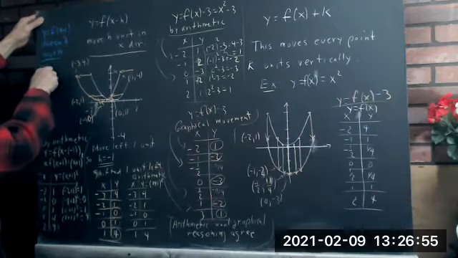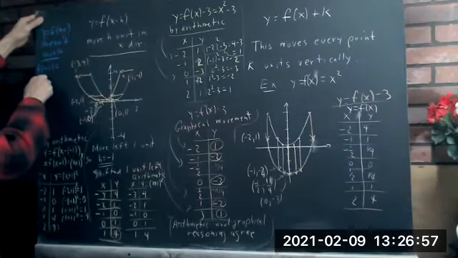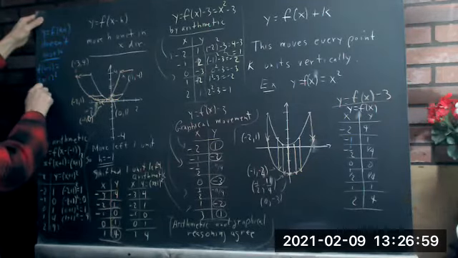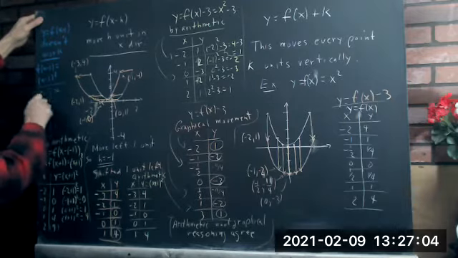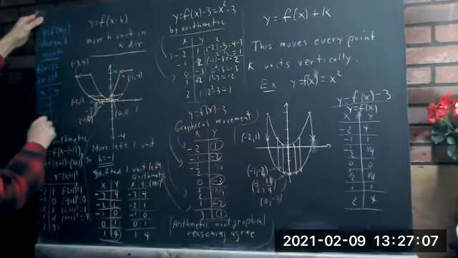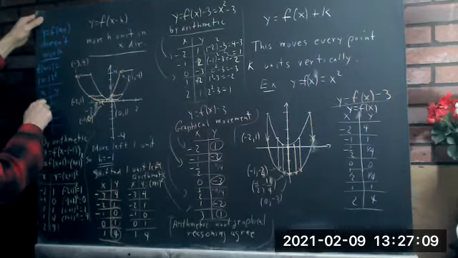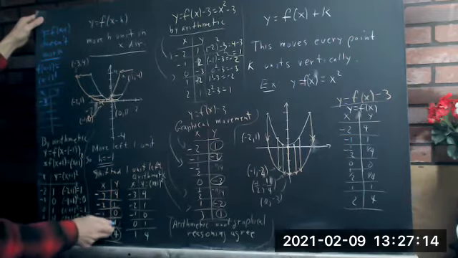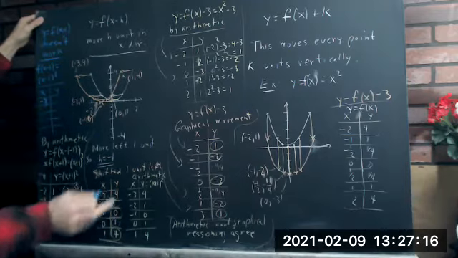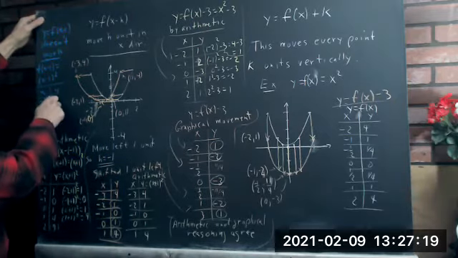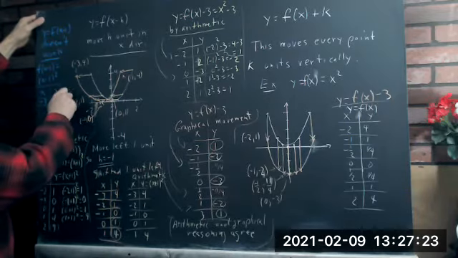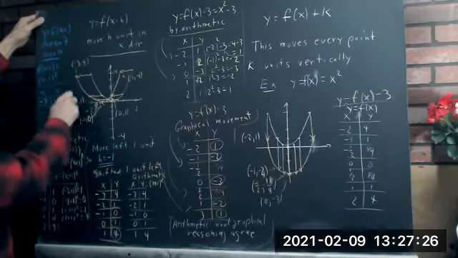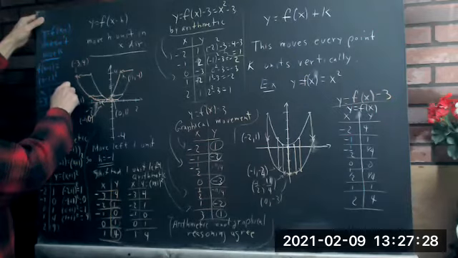F of x minus 1 is x minus 1 quantity squared. And you can do your own arithmetic. If x is negative 3, so let's compare with this table, x minus 1 is negative 4, and I get 16. And I'll make a little note, I don't really have a good place to make it, but I'll do this.